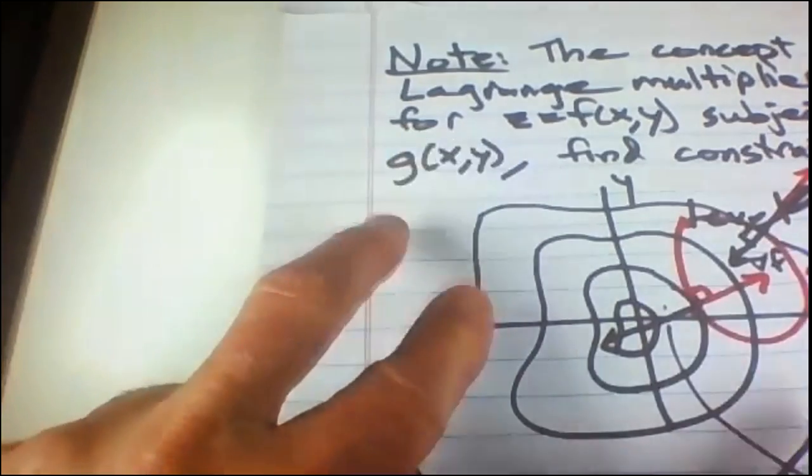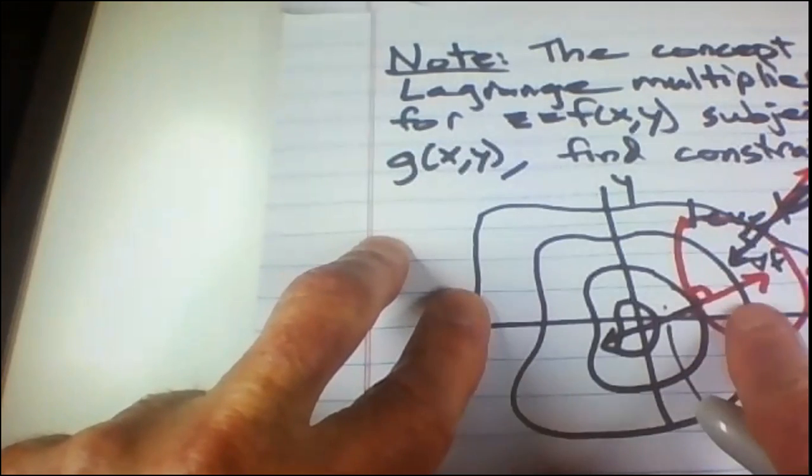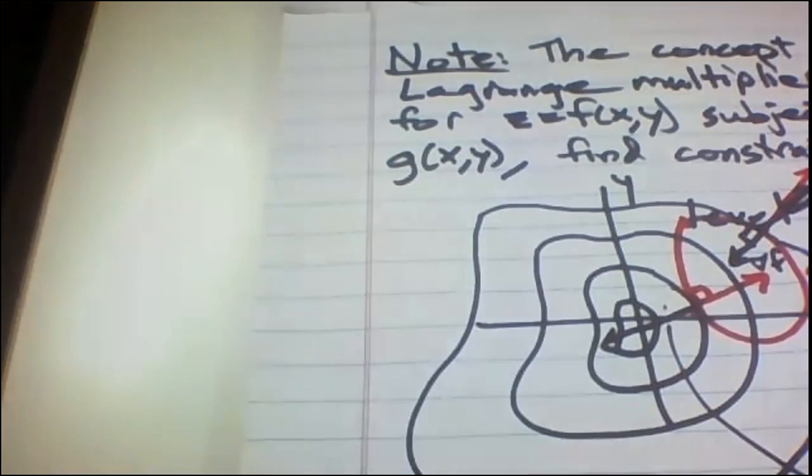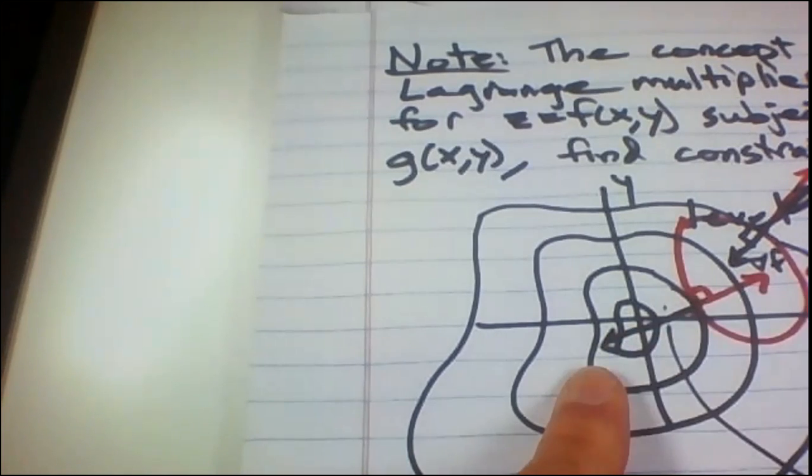But that's the idea: you're tangent to one of the isopleths when you're at the lowest altitude, and tangent to one of the isopleths when you're at the highest altitude. And that idea of both being tangent means their gradients, which are perpendicular to those, have to be along the same line. So that's where the theorem comes from. I think the intuition on that theorem is actually better than writing the formal proof.